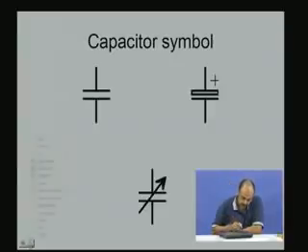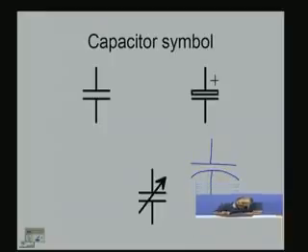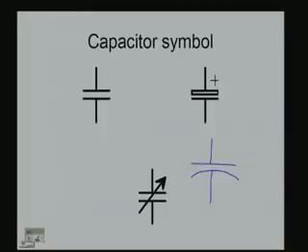There is also a capacitor with the following symbol, which you also will come across in the literature. A terminal which is attached to a straight line plate, and another terminal which is attached to a curved plate.